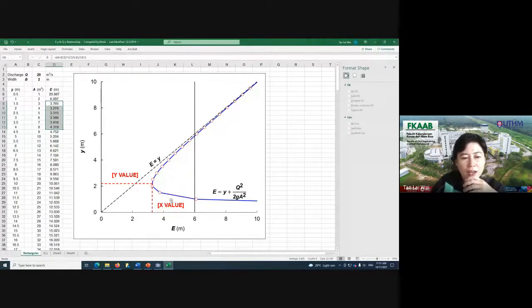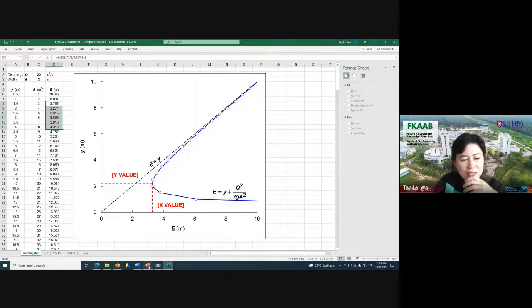Now, apart from E minimum, at other specific energies you would have two depths of flow. One would be in supercritical, the other in subcritical state of flow.